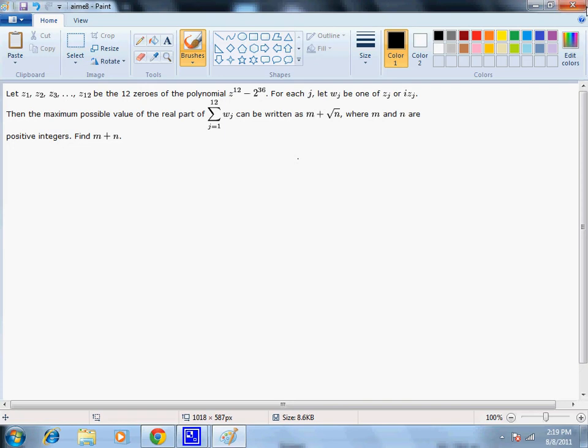Find m plus n. So first we'll find the zeros of the polynomial, which isn't that hard. z to the 12th equals 2 to the 36th. So z equals the 12th roots of 2 to the 36th, which is equal to 8 times the 12th roots of unity.